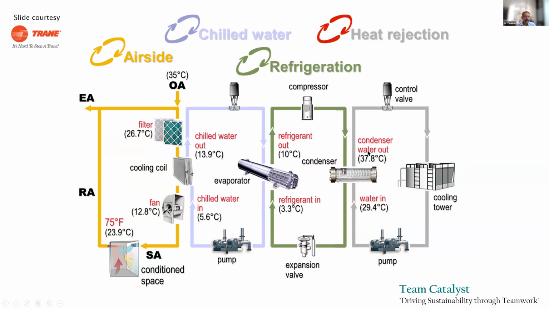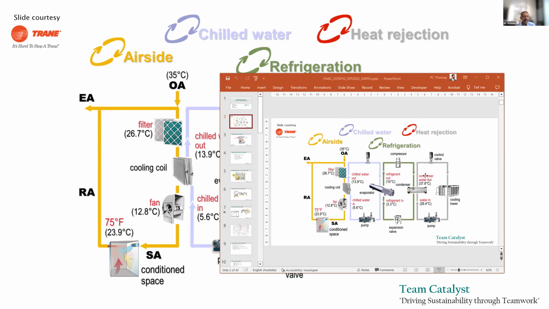In a dry climate, you can get quite cool water in the cooling tower, so water-cooled chillers work really well in a dry climate. But those are the climates where water is difficult to find, so sometimes that's not the best strategy.